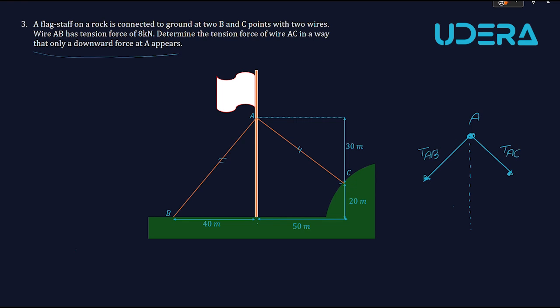In other words, their interplay must give us a null resultant vector along the horizontal direction.